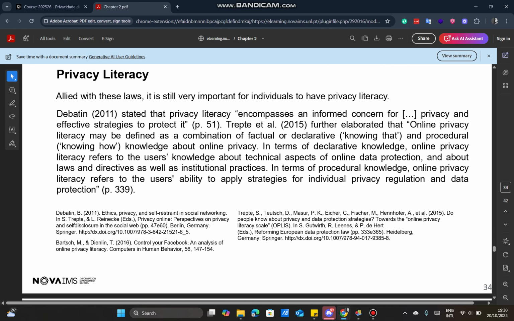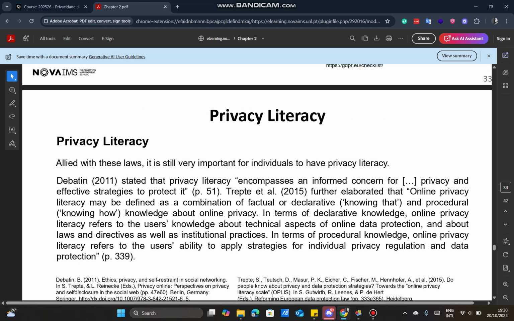next basically talks about privacy literacy. Okay, so this is to test our knowledge of how much we know about our privacy and how we can protect ourselves. So, citing Debatin, he stated that privacy literacy basically encompasses an informed concern for privacy and effective strategies to protect it.